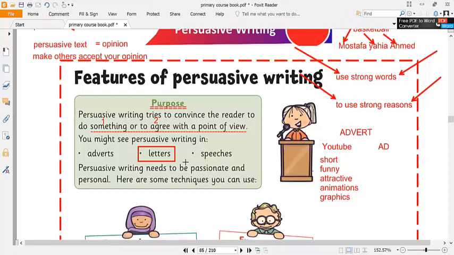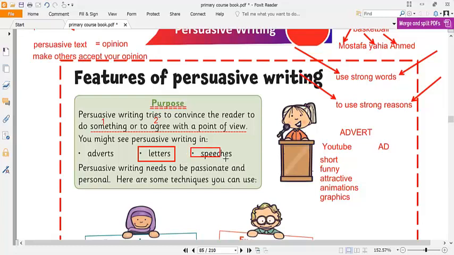Maybe you send a letter to your teacher, to your principal of the school, to a manager of a company, to a leader of a camping site group to persuade him with a suggestion or with an opinion, with an idea.